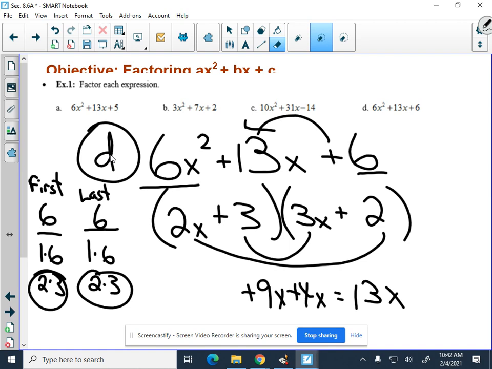Sometimes you're going to get it right away. That's the hope, that you can recognize how it's going to get you to 13. Make sense? But it's not as easy as last time. Why? Because these two will never add up to 13 when you have beginning numbers that aren't just x squared. So when you have the ones that are just x squared, they work out a lot easier.